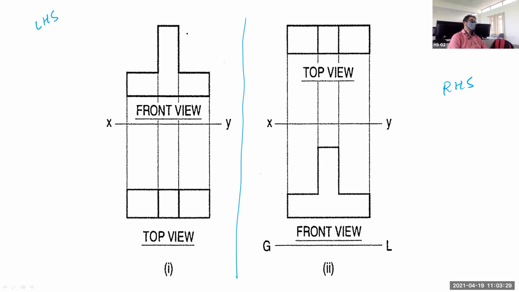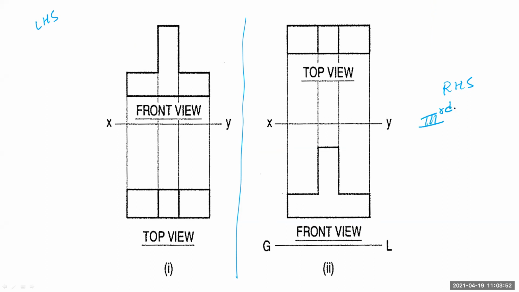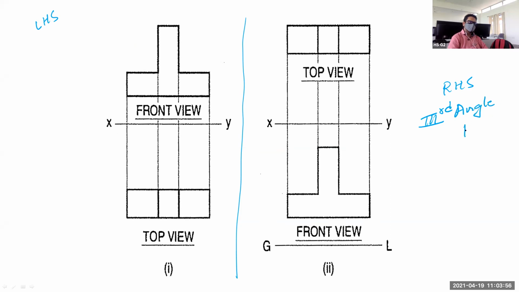Can you tell me whether the projections drawn over here on the left hand side are drawn in first angle projection method or third angle projection method? Right hand side is your third angle projection. Okay, so let me write here third angle projection method.